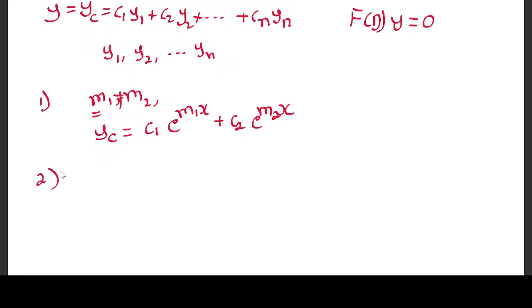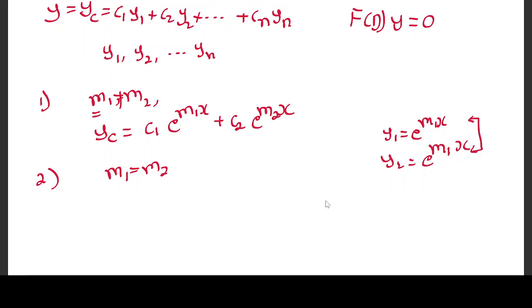The second case, if I have real roots but they are equal. Now the problem arises: y1 will be e power m1x, y2 will be e power m2x, but m1 and m2 are the same, so it is e power m1x again. Because these two functions are one and the same, they cannot be linearly independent.